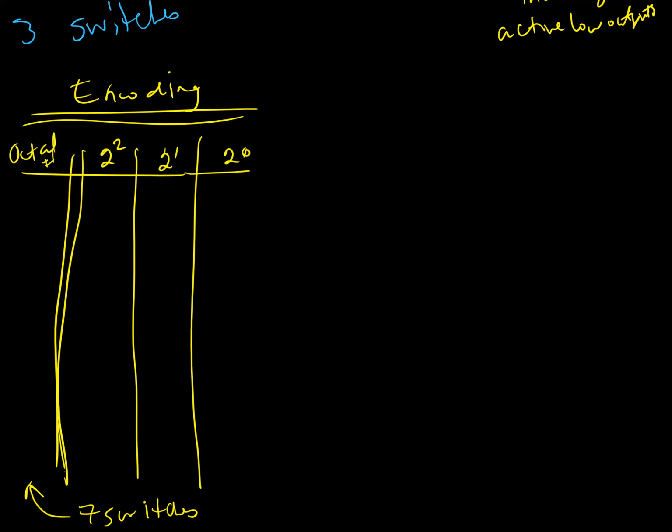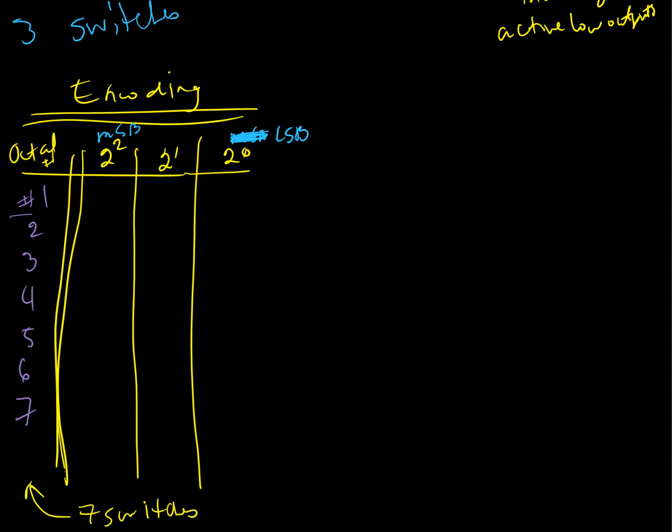And again, this is least significant bit and most significant bit. And so my input switches, I'm going to have 1, 2, 3, 4, 5, 6, and 7.